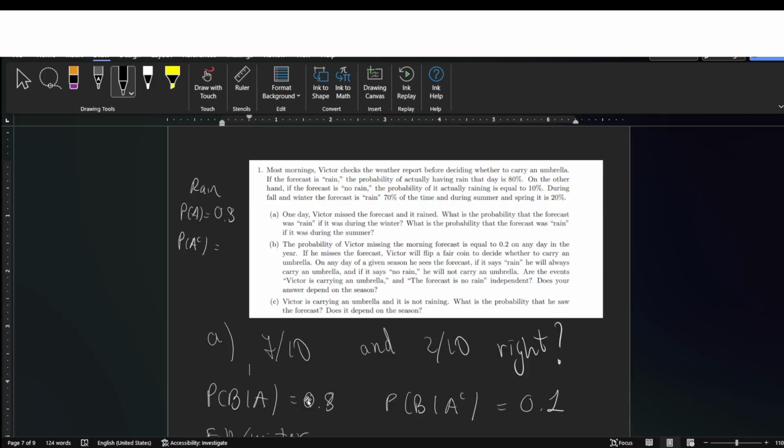So what about the other 10% of the time? Well, the forecast is just... I don't get it. Oh, no, because those are different assumptions or conditions, right?